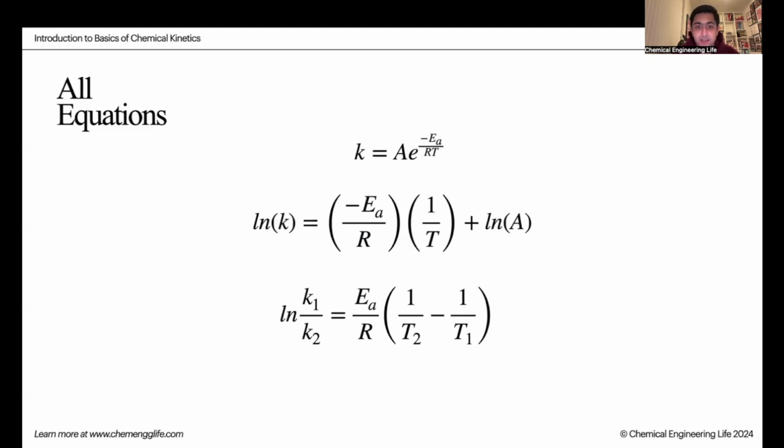And again, like I said, they could be used to calculate your activation energy based upon your experimental data. You could be asked to calculate the T value. You could be asked to calculate any other variable that may be missing in a kinetic problem.